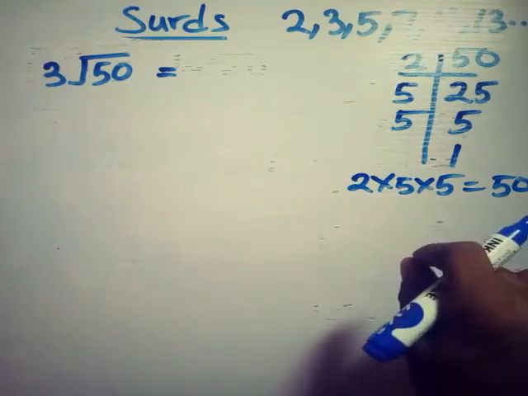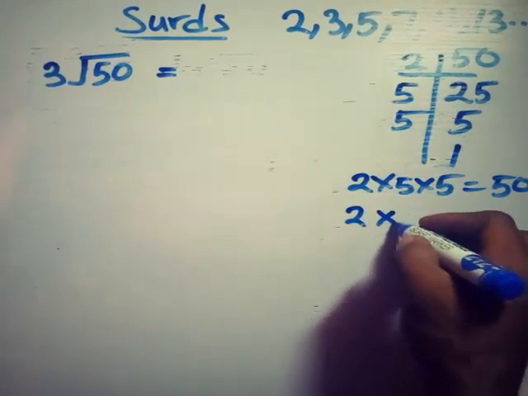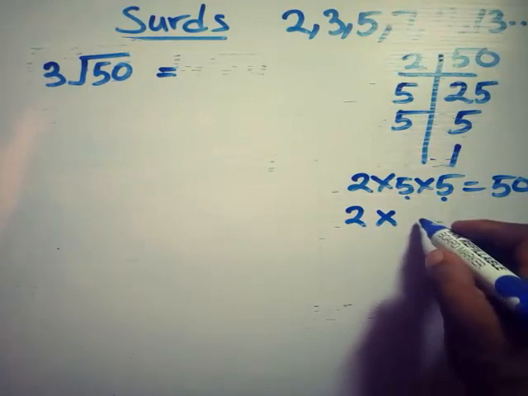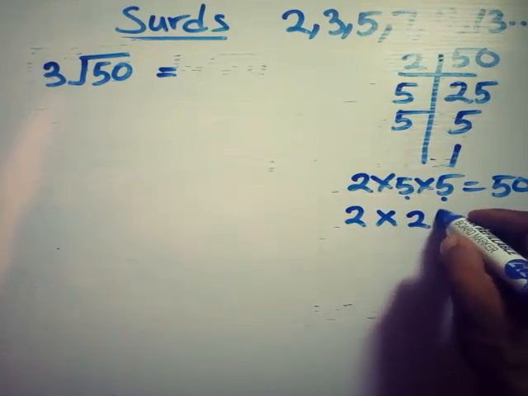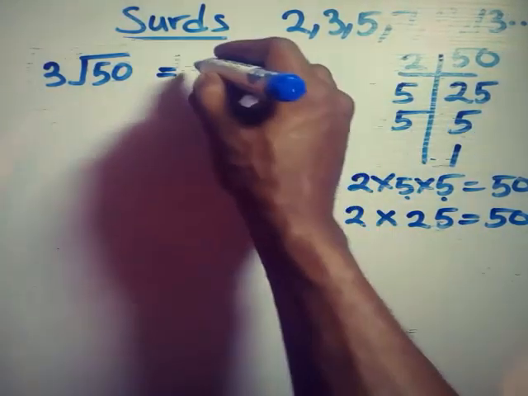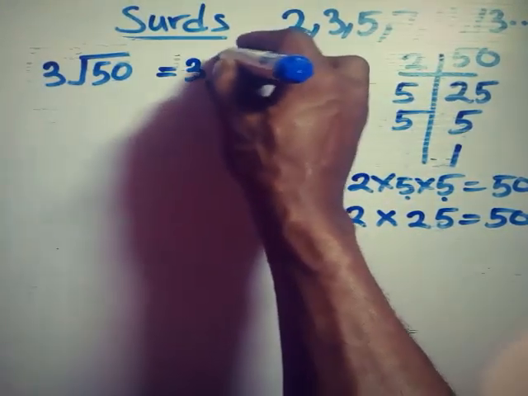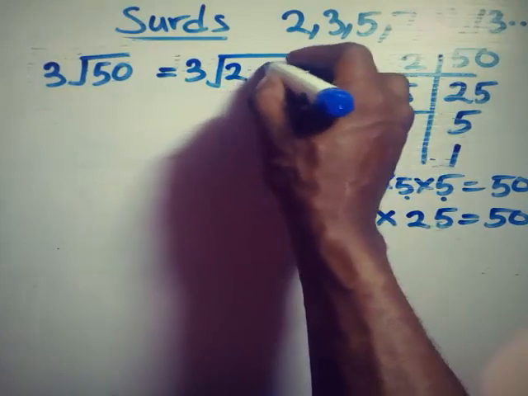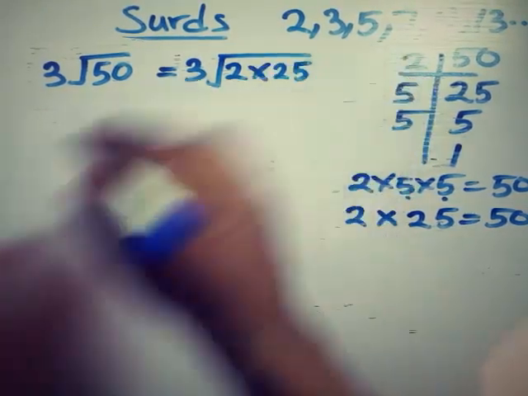So to locate my perfect square, it will be 2 times the combination of these two identical numbers, which is 25. So if I bring these two into this big bracket, I'm going to have 2 times 25.